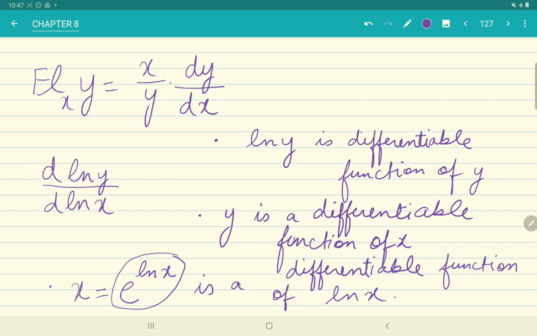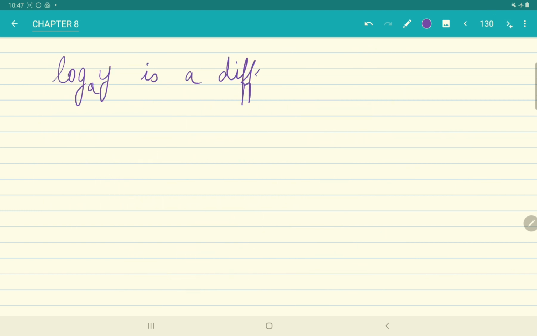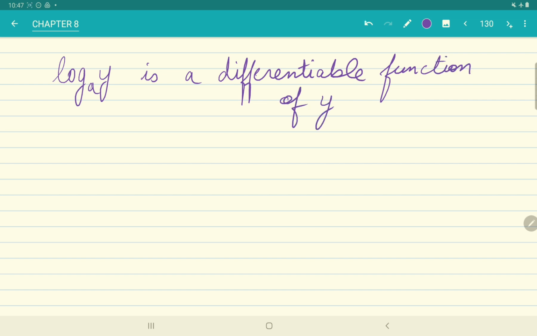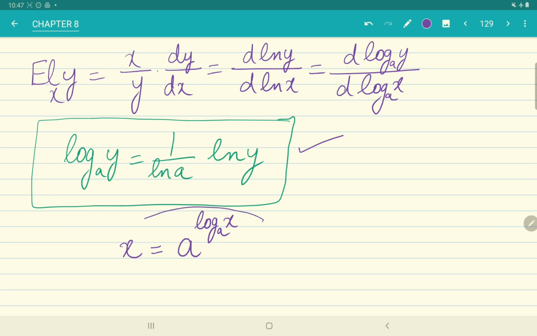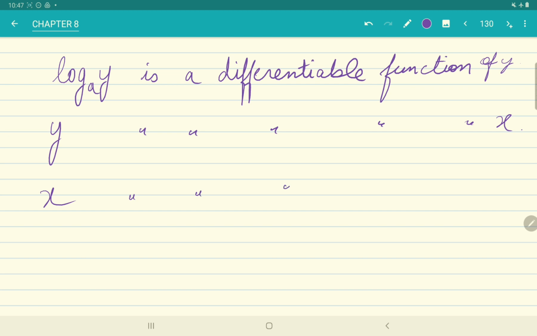Log y to the base a is a differentiable function of y. Y is a differentiable function of x, and x I know is this. It is a differentiable function of log x to the base a.